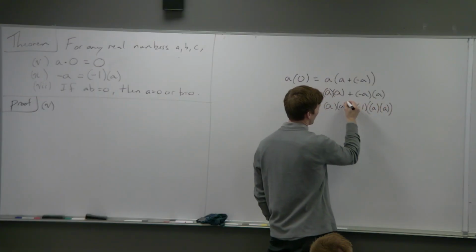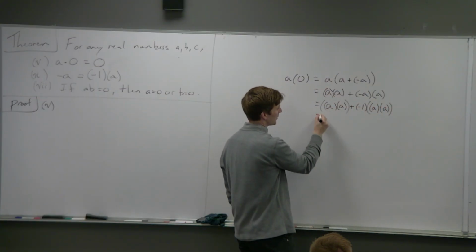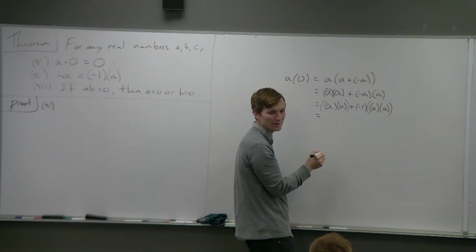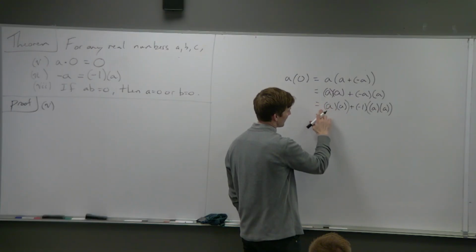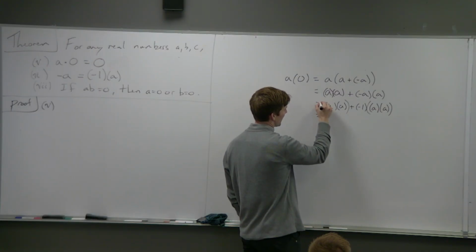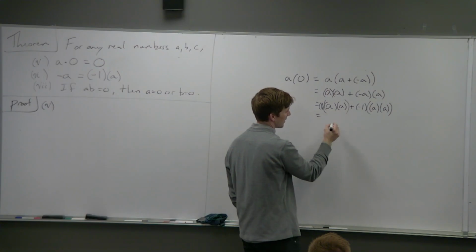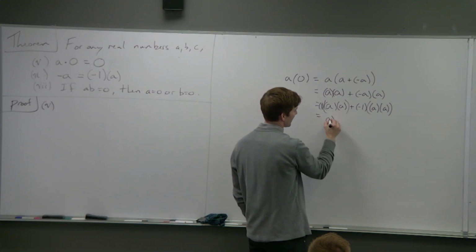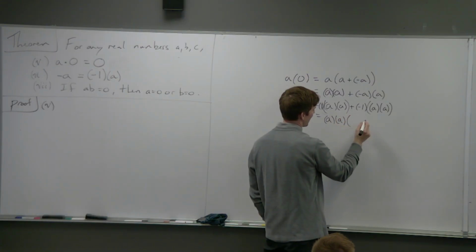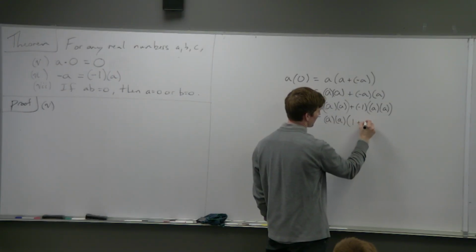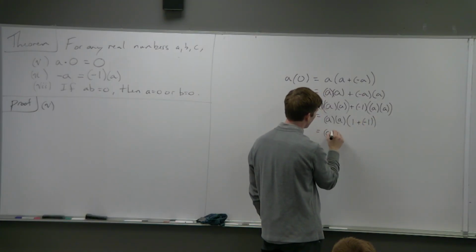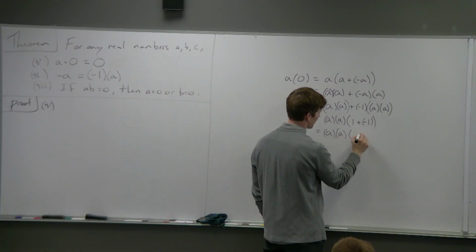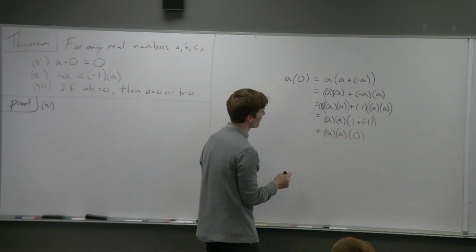With parentheses right there, you can see how I can distribute this. I've got an implicit 1 right there, and I can rewrite this as a times a, and then 1 plus minus 1. And then that just becomes a times 0.